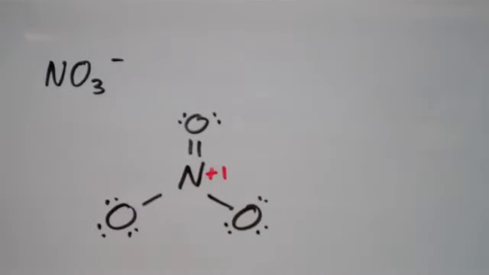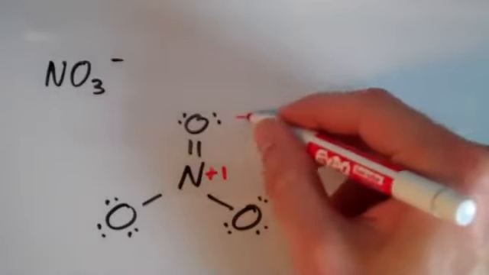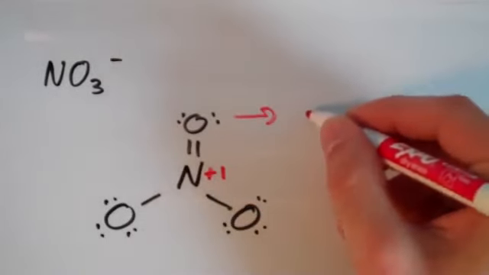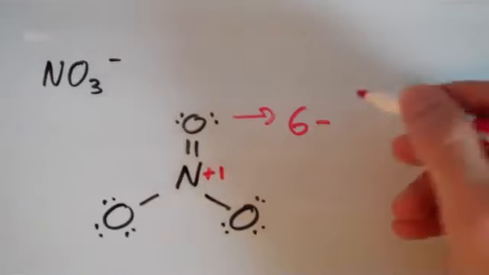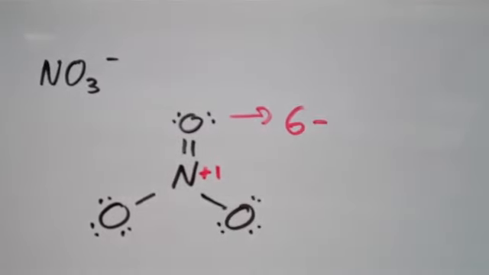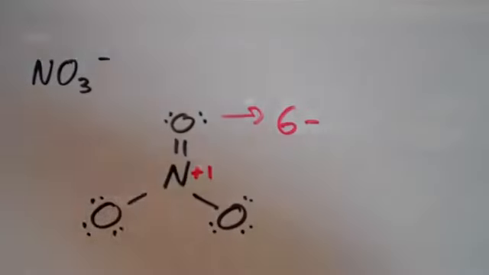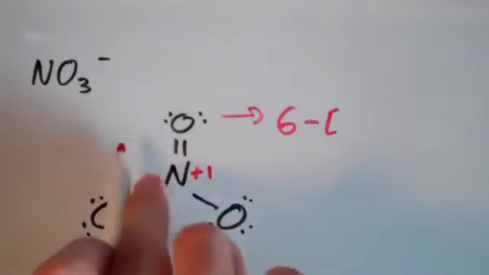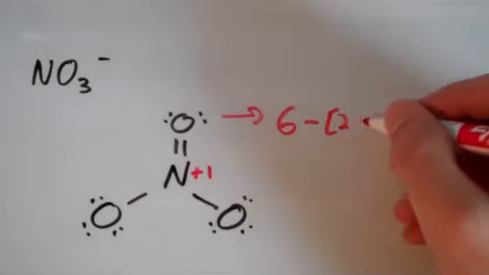Let's continue with this oxygen up here. Let's calculate the formal charge on that. The formal charge on this oxygen is going to be, let's see, oxygen has 6 valence electrons minus the number of formal electrons, 2 per lone pair, 1 per shared pair. Let's start with the lone pairs. There are 2 lone pairs, so 2 times 2.